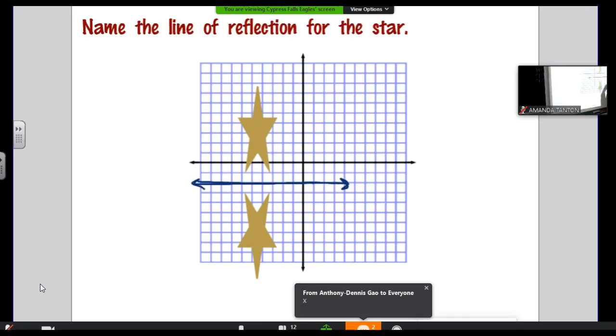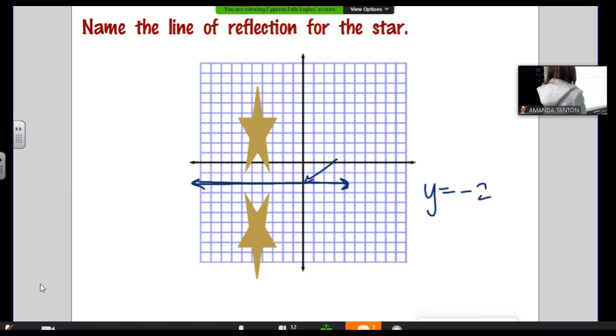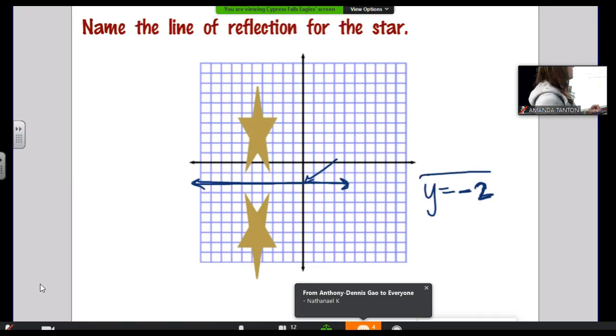First you find the line. Then you need to name the line. What axis is this line intersecting? It's intersecting the y-axis. And where is it intersecting the y-axis? At -2. So it's y equals -2. That is the equation and the name of the line.